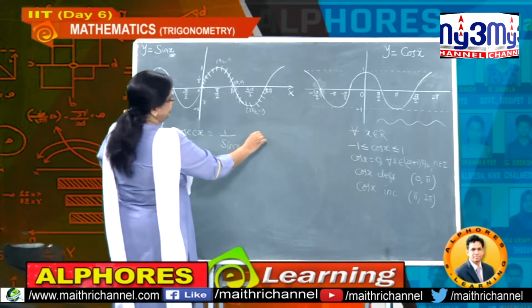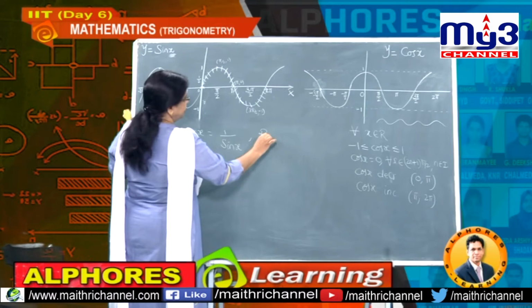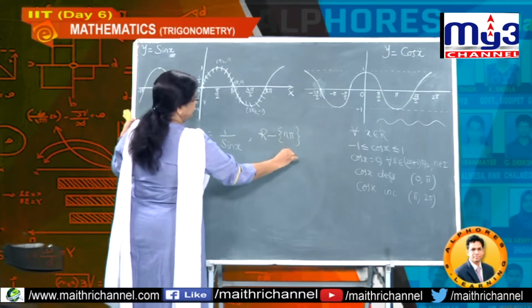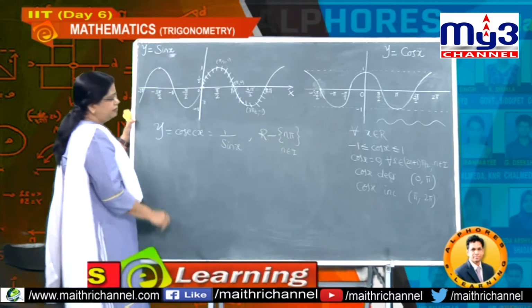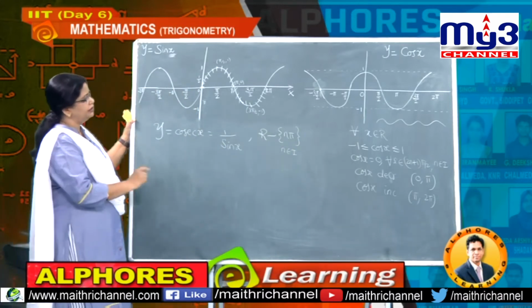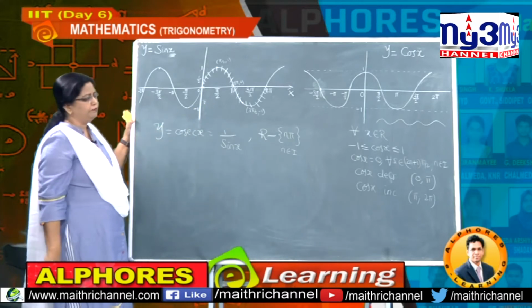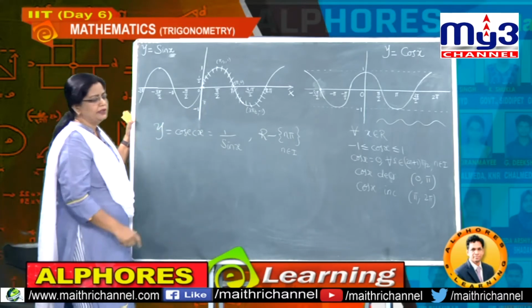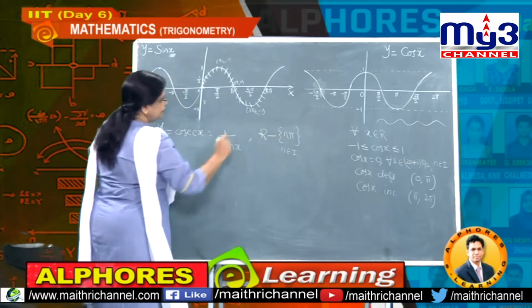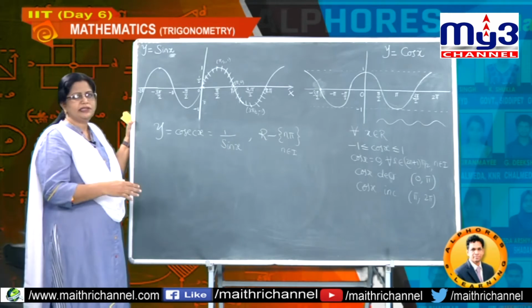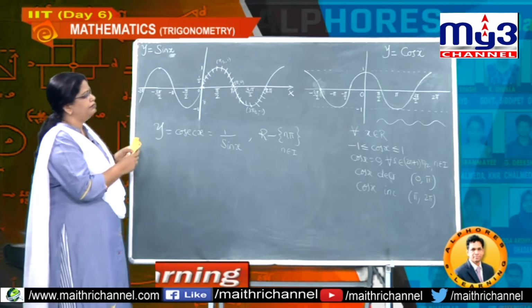That means here x is taking all the real numbers except which values? N pi, where n is an integer. Therefore, the cosecant graph you cannot draw just like sine and cos for every real number, where you have to give breaks at integral multiples of pi, that is 0, 180 and 360 etc., all such kind of values.